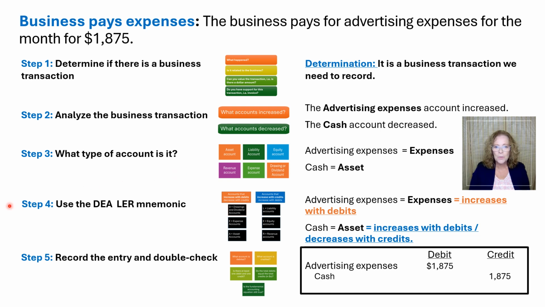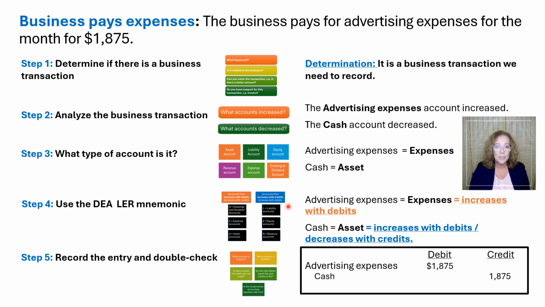Now let's use the dealer mnemonic to identify whether we need to debit or credit. First up is advertising expenses, which we classified as expenses. Our mnemonic dealer tells us that these type of accounts increase with debits. So we need to debit advertising expenses. What about the second part of our transaction?